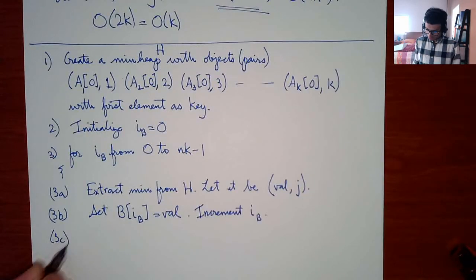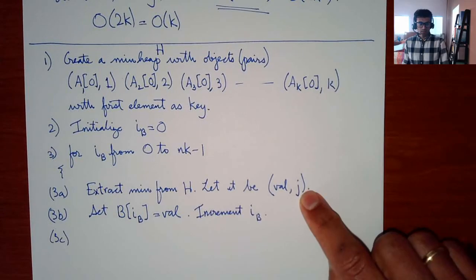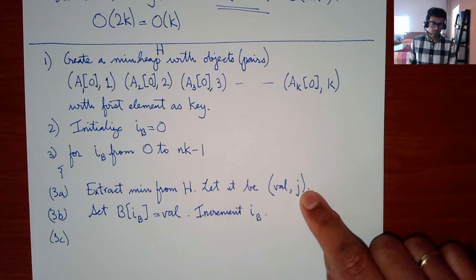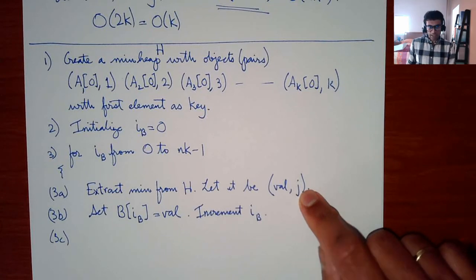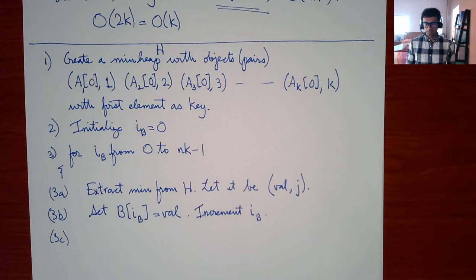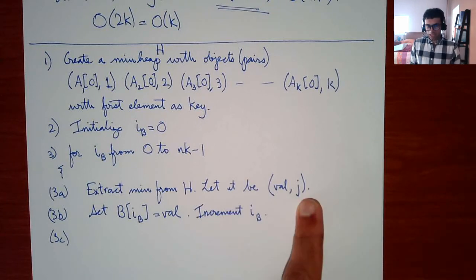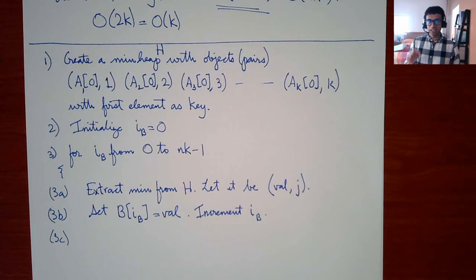Now you got the index over here. What is the element you need to insert? J plus 1. Which one? J plus 1. So this is the problem. It's not J. J is actually the index not in the array, but index of the array. So I deliberately did this because now we're going to go back and we're going to have to fix this algorithm.